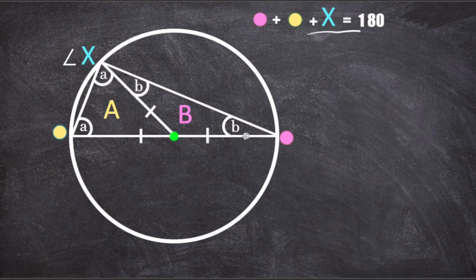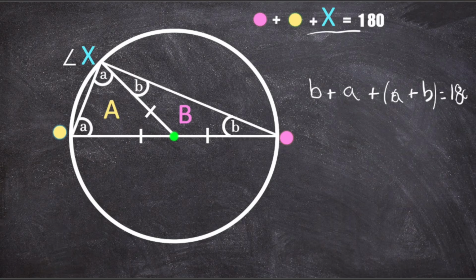We have the purple dot, which is the angle B, plus the yellow dot, which is the angle A, plus X, which is a combination of two angles, A plus B, plus A, sorry about my A, plus B. And all of that equals 180 degrees.